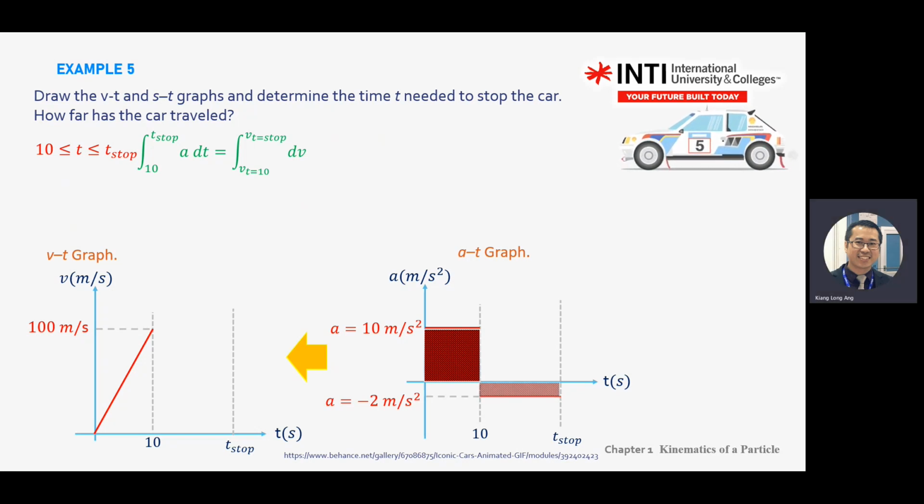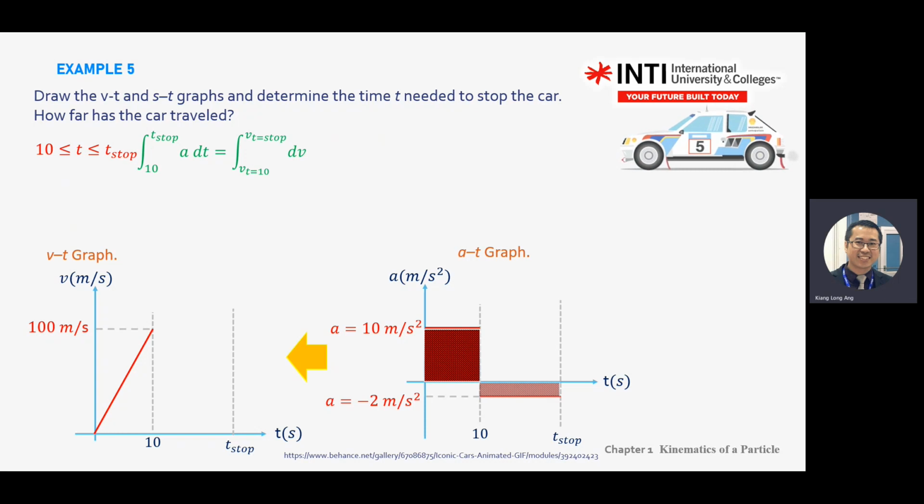What is the next step over the left hand side? What do you get? You integrate a, what do you get? A times (t stop minus 10). Right hand side, v at t stop minus v at 10.